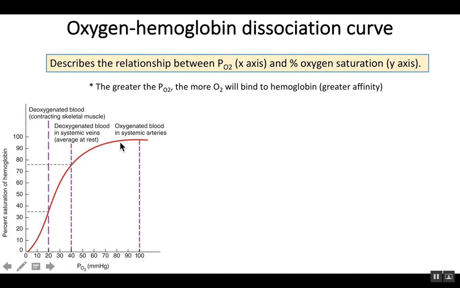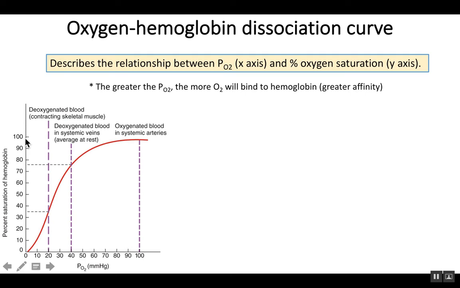So this one's pretty easy. It just means the more oxygen you have, the more of it's going to bind to hemoglobin. So if you look at oxygenated blood, if oxygenated blood has 100 millimeters mercury of oxygen, that's going to saturate almost to 100%.